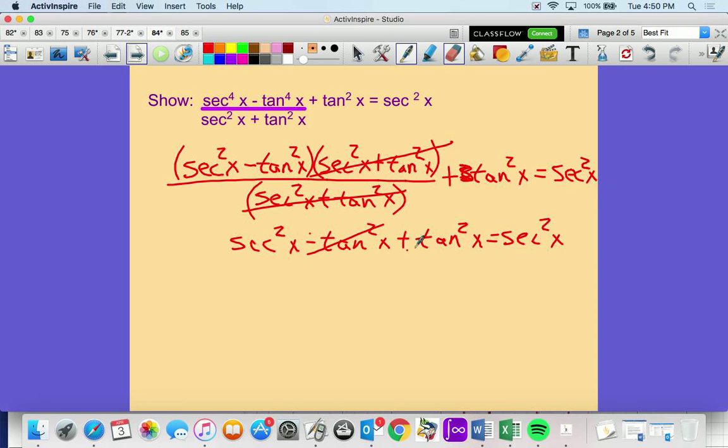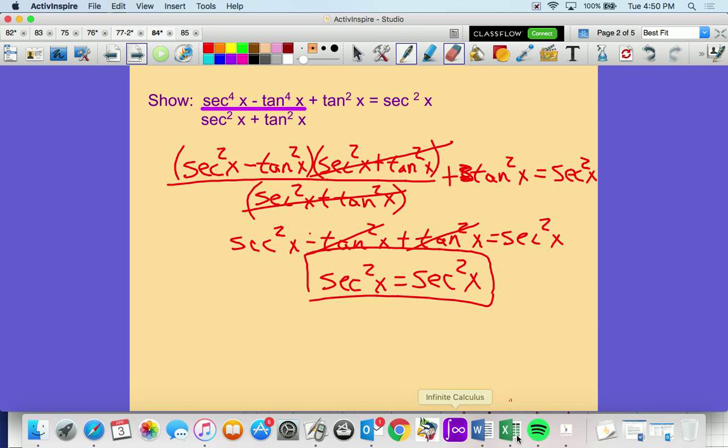These tangents cancel. We would have secant squared x equals secant squared x. And there's our answer there. Now, that might not be the easiest way to do it. It's just the first thing that I saw to try and simplify this down right away, especially to get rid of that fraction almost immediately.